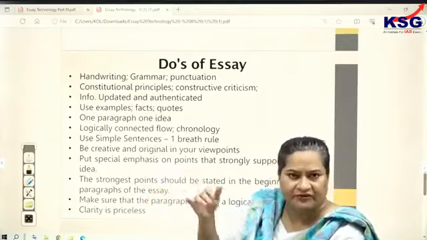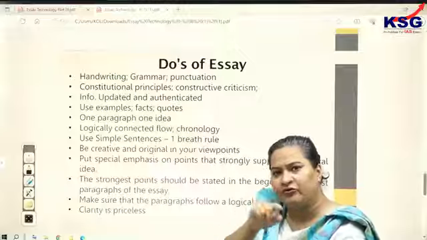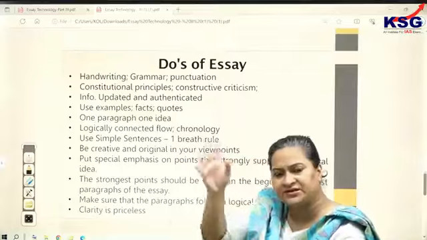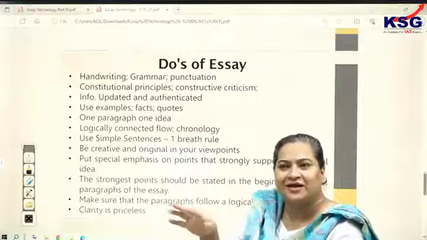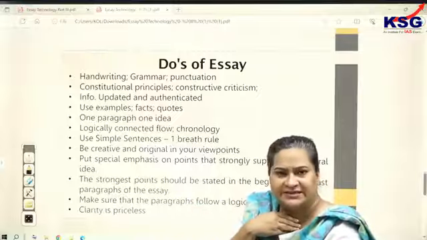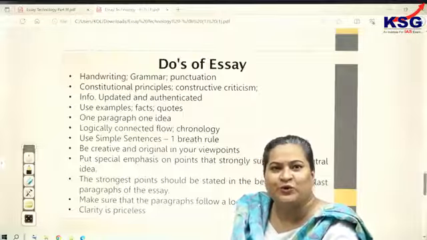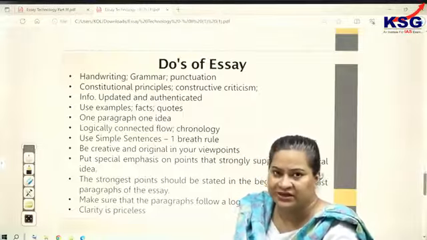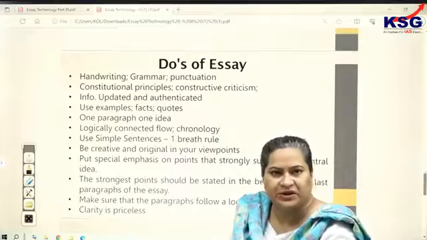I ignore it on the first page. Then on the second page again 2, 3 mistakes. Third page again 2, 3. Fourth, then fifth, sixth, seventh, eighth, ninth, 10th, 11th, 12th, 13th, 14th, 15th. By the time you complete the essay, you are intellectually bleeding. So even though the ideas were great, they were brilliant, the expression ruined the wholesome experience.